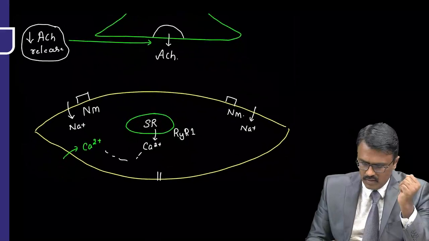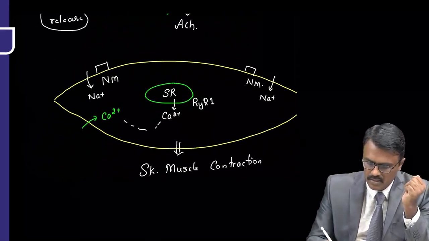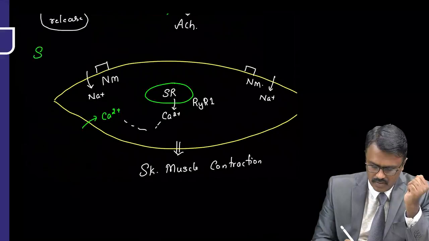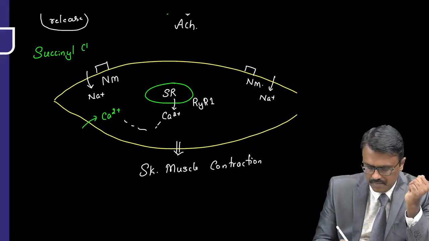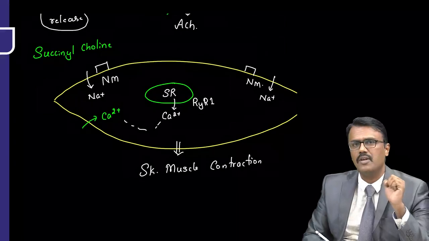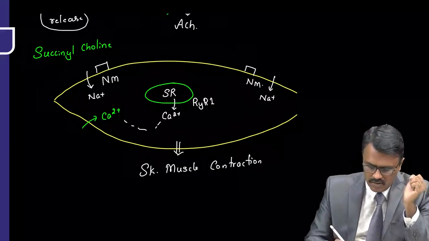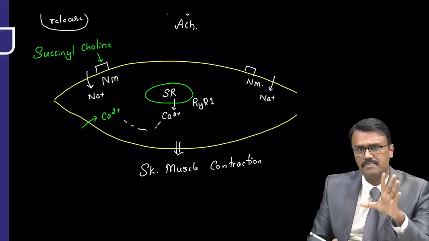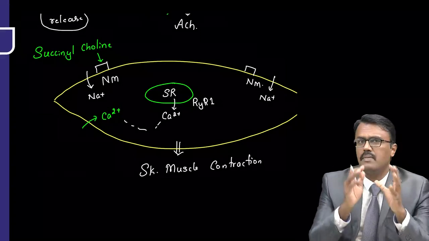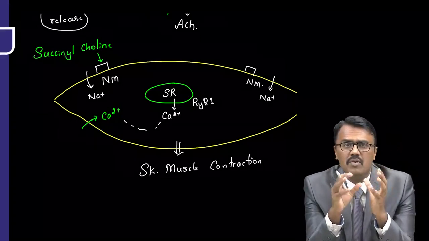Then what we can do is use a drug called succinylcholine. Succinylcholine sounds like acetylcholine, so this will also act on the NM receptor and repeatedly stimulate it. Now what happens if you repeatedly stimulate a receptor?